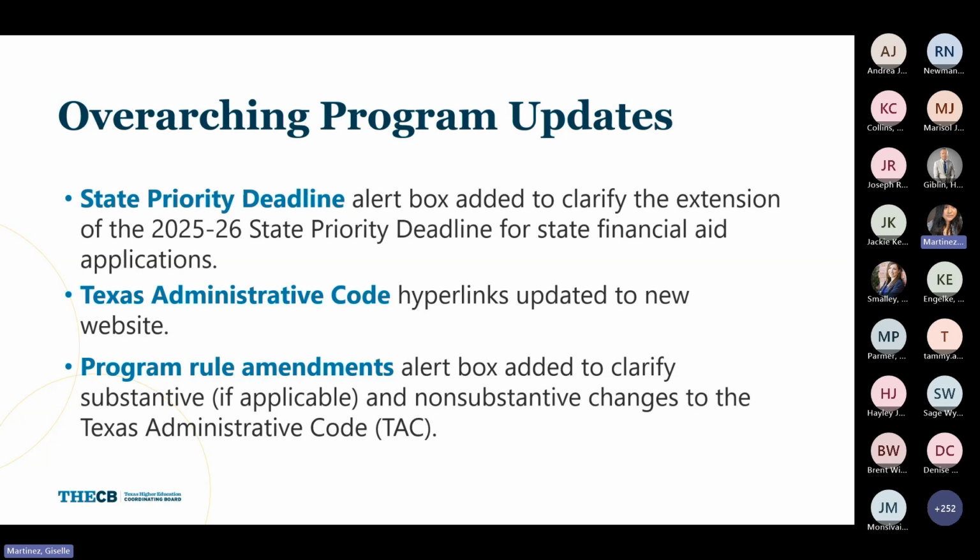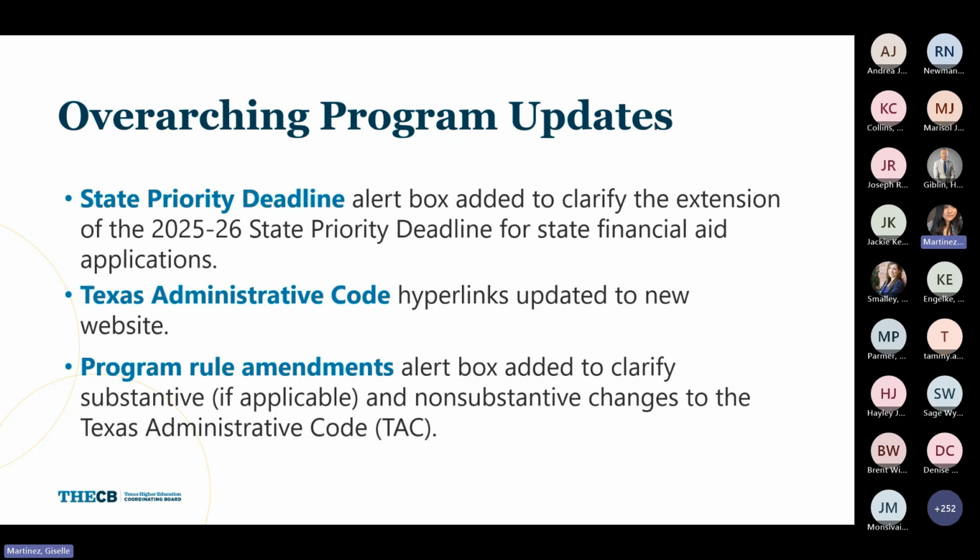Now, most of these rule updates that occurred this year were non-substantive, as in they do not affect the content in the guidelines or how you administer the program. This included things like moving around program rules to new sections. We added or removed language to rules to improve clarity. For example, we've updated language throughout the rules to remove the word award to avoid confusion.